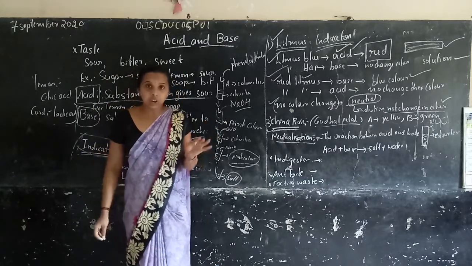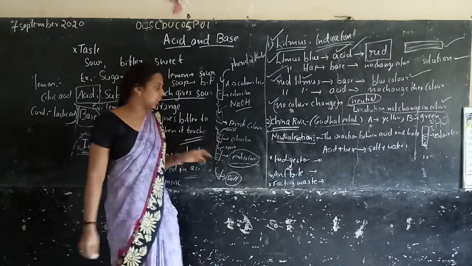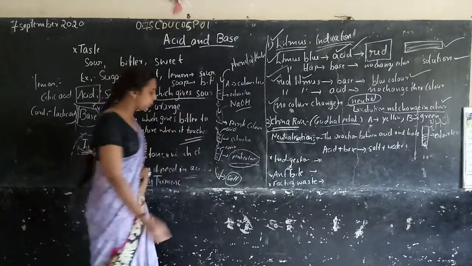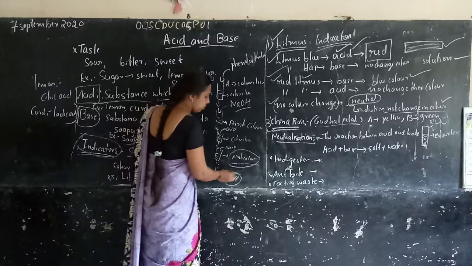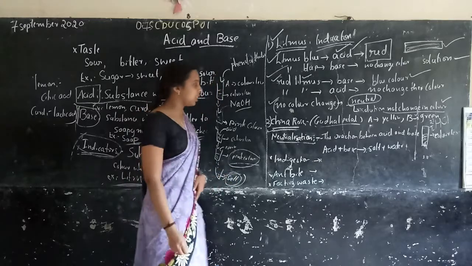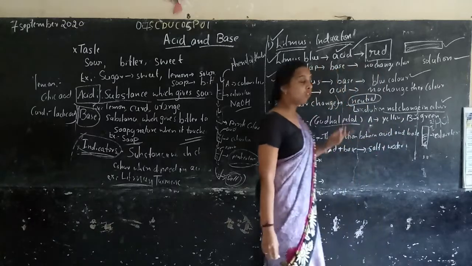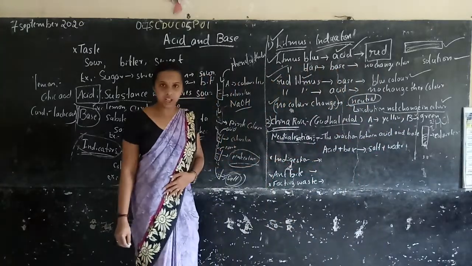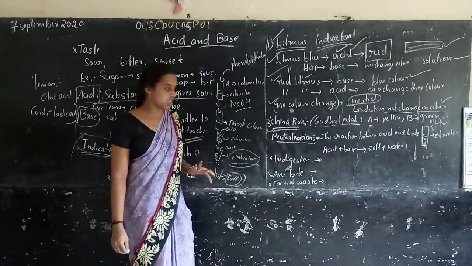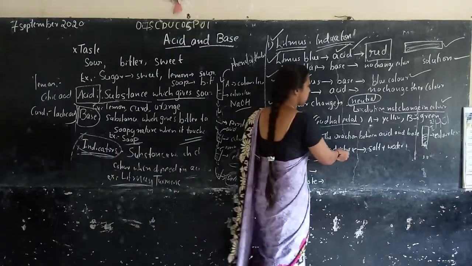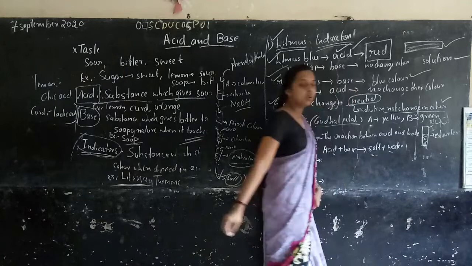That particular point is the neutralization. At that point a salt is formed. What forms? Salt. The reaction between acid and base takes place and forms a salt. That reaction is called neutralization. The acid and base form salt and water.